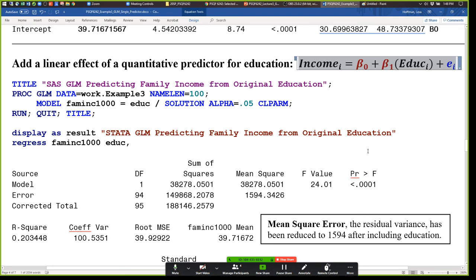PROC GLM automatically knows that you want an E. You don't have to tell it that. It automatically knows that you want a beta 0. You don't have to tell it that. You have to tell it what else you want. What I want right now is a slope for education. Right there. And same thing in Stata right there.